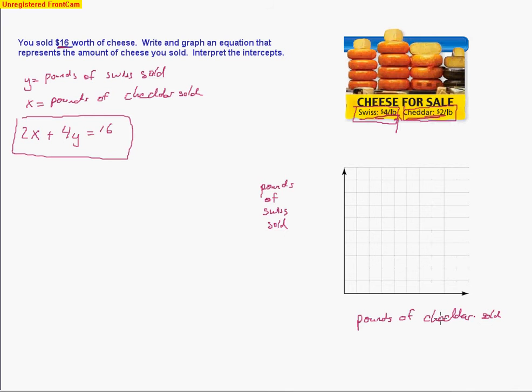It doesn't matter whether I used the x-axis for cheddar or the y-axis for cheddar. Neither of them is a dependent variable on the other, so it was arbitrary in this case. You could have gone the other way, and your line would have just looked a little different. It would have been sloped at a different amount. So we'll just stick with what we've got, and we're going to find out what kind of units to use in just a moment.